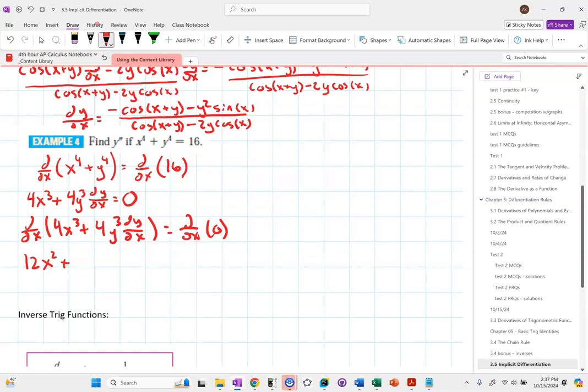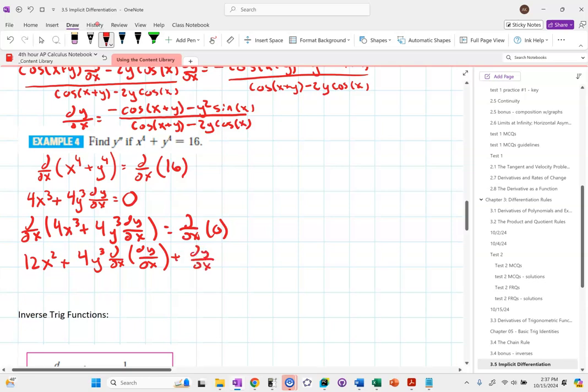So what's the derivative of dy dx? It's d squared y dx squared, aka the second derivative.